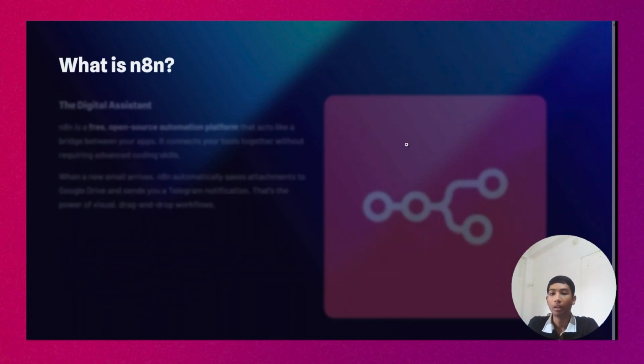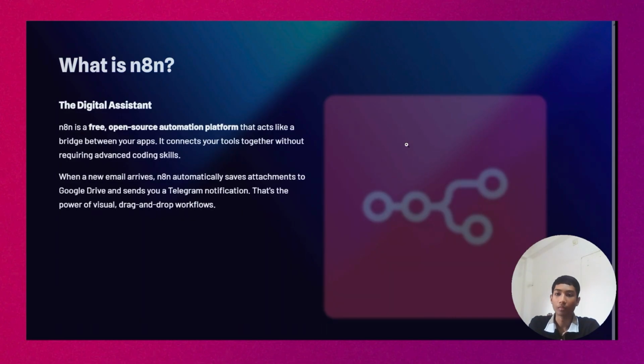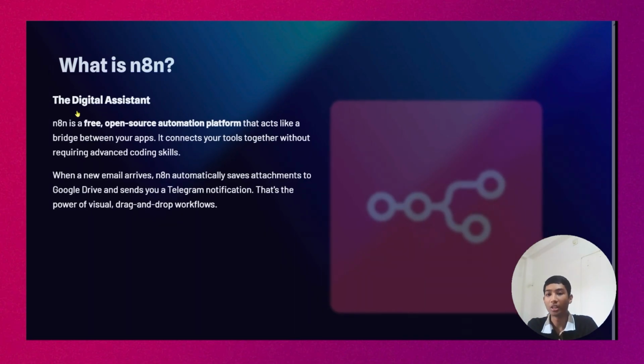Okay, let's see what is n8n. It's a kind of digital assistant. n8n is a free open source automation platform that acts like a bridge between your apps. It connects your tools together without requiring advanced coding skills.